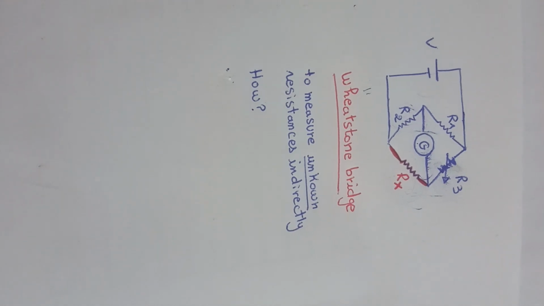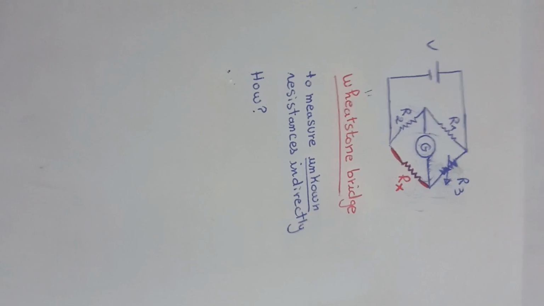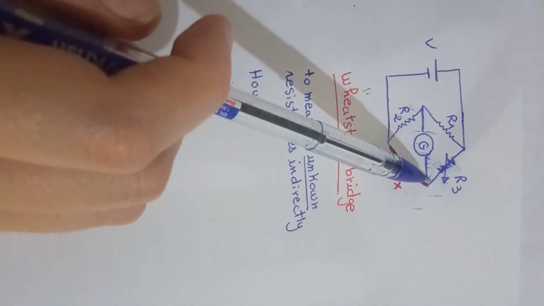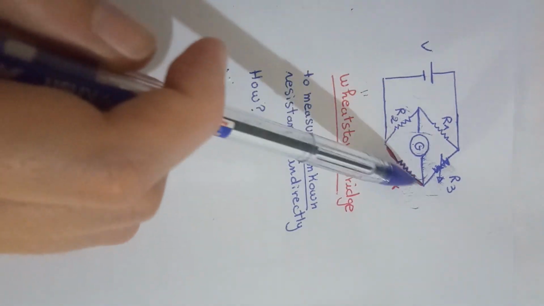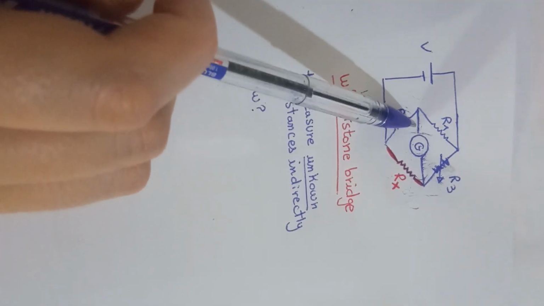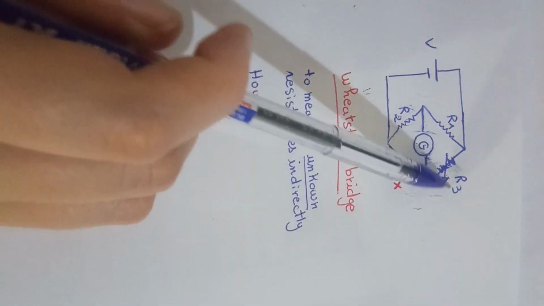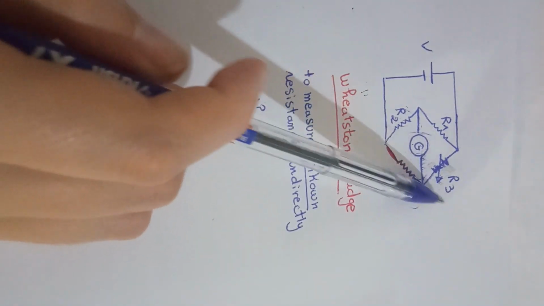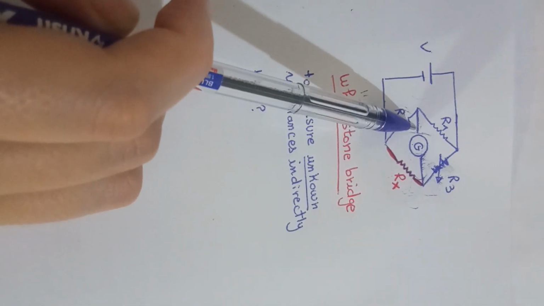How? A balanced bridge is defined by zero voltage here, which means zero current here. So we need to adjust this resistor to have zero current here.